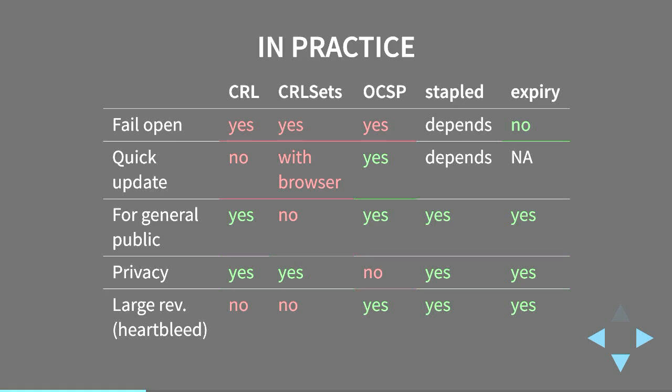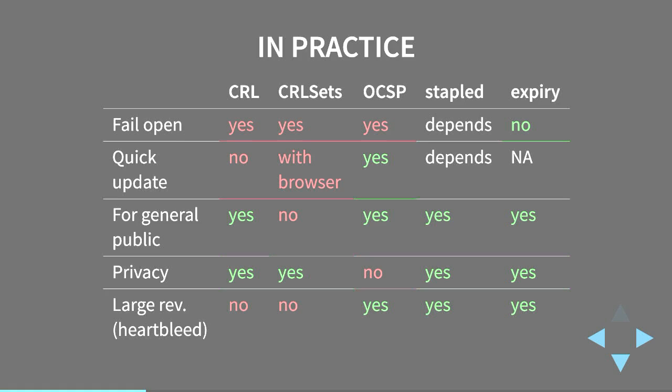With stapled OCSP, it depends. Right now, at least in most popular browsers, I believe we still fail open, but there's a must-staple extension coming in, and it's getting more popular now, where you can say in your certificate, this is going to be used in an environment where OCSP stapling is enabled, and if it doesn't happen, assume something's wrong, because we're going to use it that way.